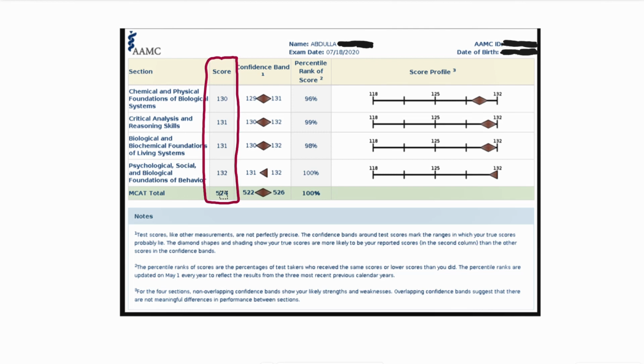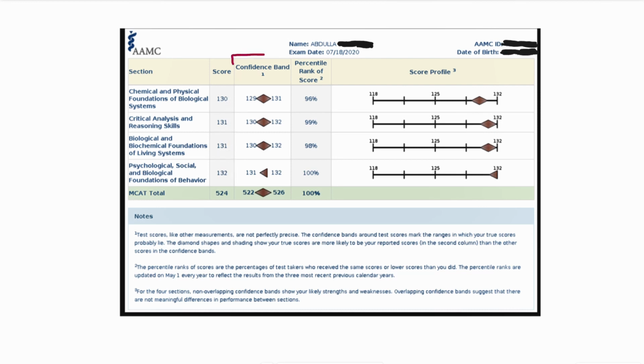You can see that I got a 524, which means that I missed 4 points, and you can see what sections I missed those points on. I missed 2 points on this section, 1 on this section, 1 on this section, and 0 on this section. So you can think of scoring in that way: you miss some points on each section, and then your overall score is 528 minus the number of points that you missed overall.